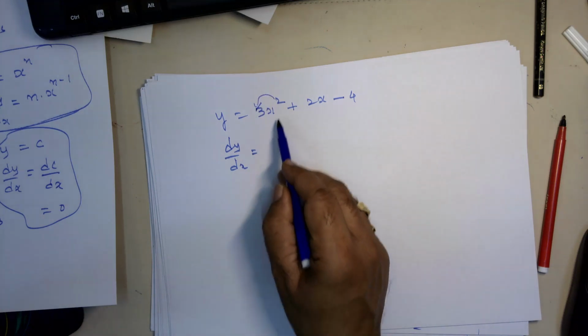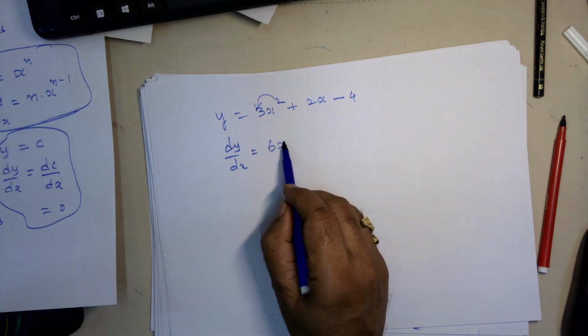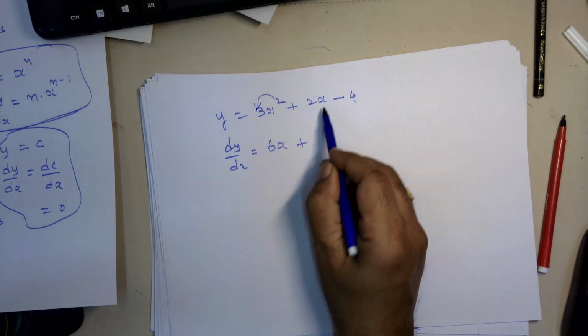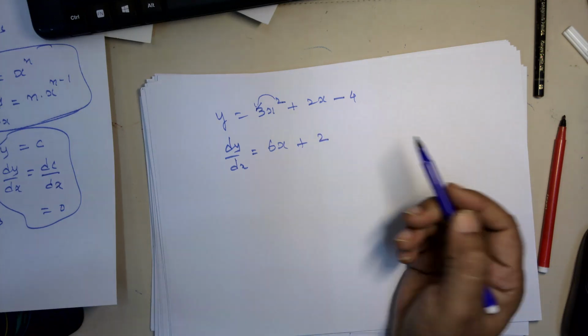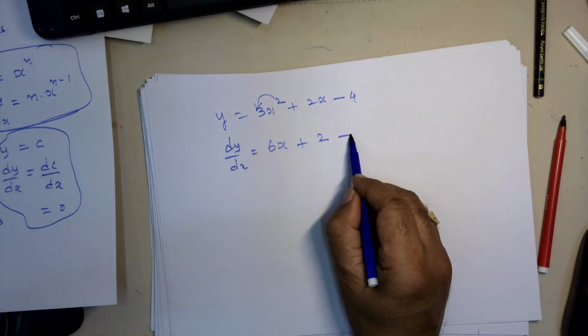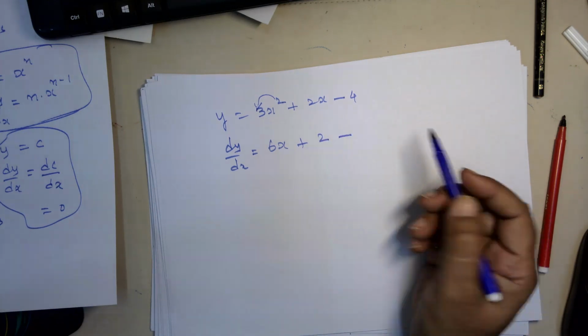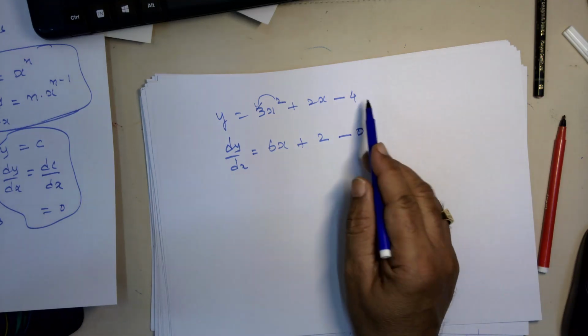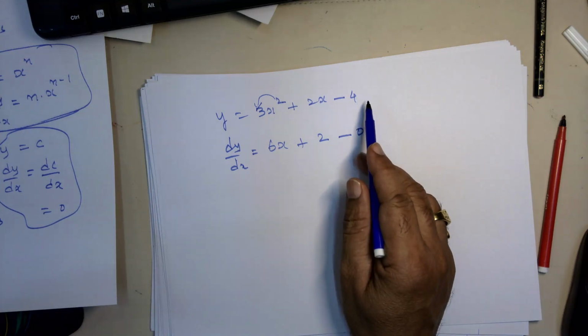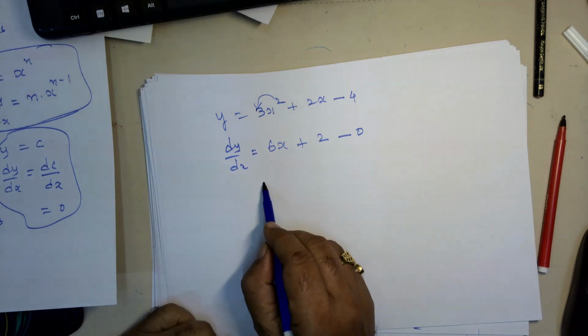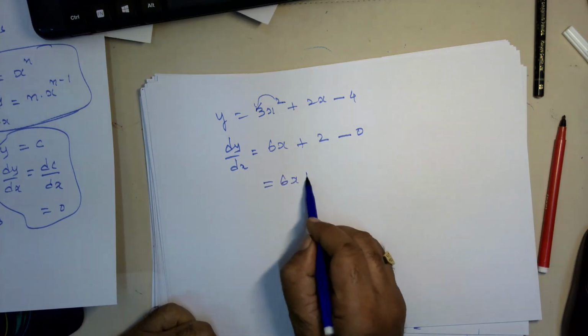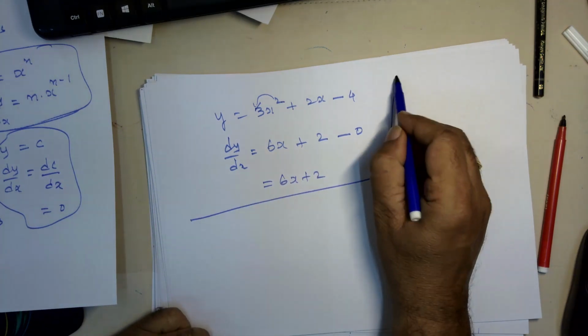You can bring this 3 into 2, 6x, plus 2, then minus 0. Why? Because a constant, when differentiated, becomes 0. So the answer is 6x plus 2. Okay, got it?